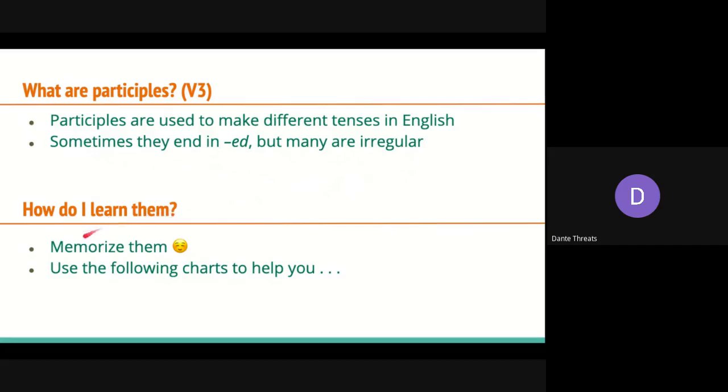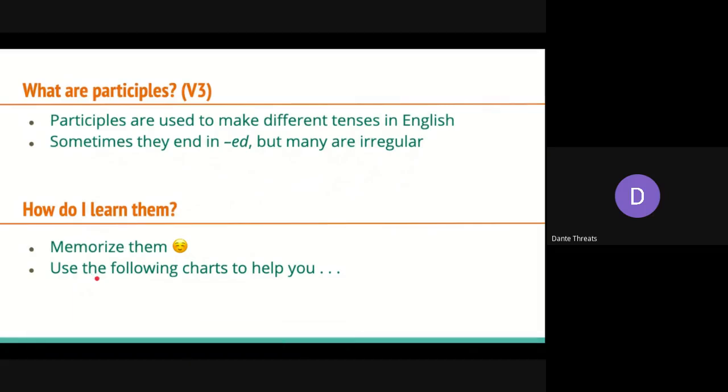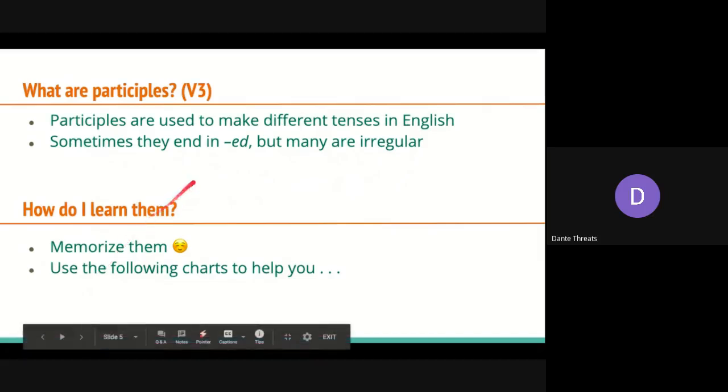Well, you're gonna have to memorize them because there is no rhyme or reason. There is no formal structure to what the past participle of a specific verb is. However, we have given you some charts to help you learn and memorize these verb tenses.